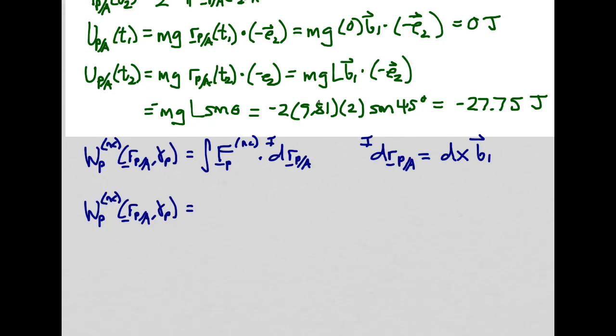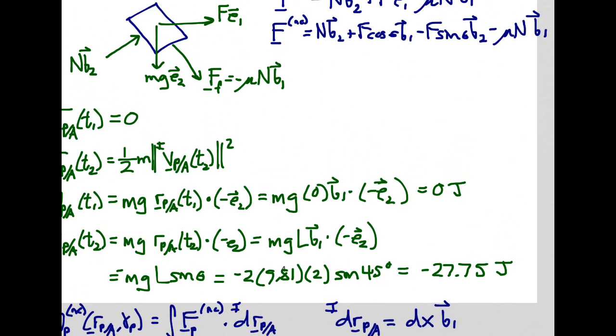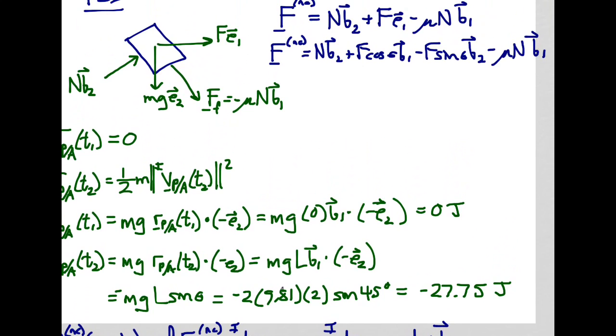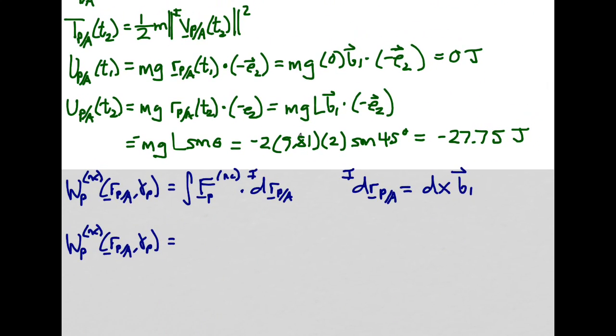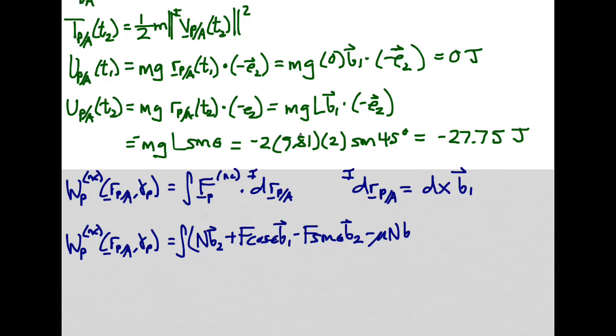And so we're simply substituting our non-conservative force that we've determined from our free body diagram into this integral, where we have the integral of n in the B2 direction plus f cosine theta in the B1 direction minus f sine theta in the B2 direction minus mu n in the B1 direction, dotted with dx in the B1 direction.